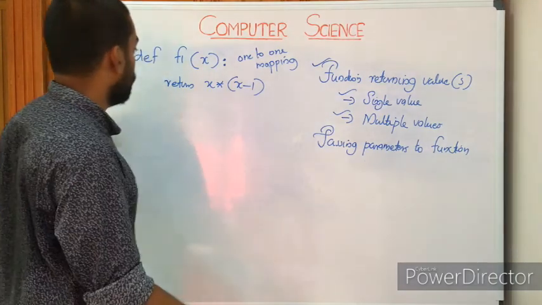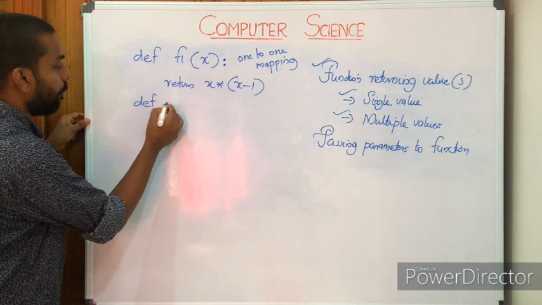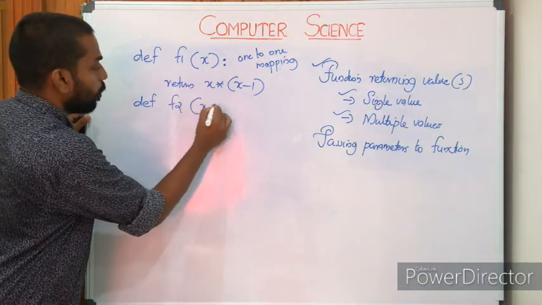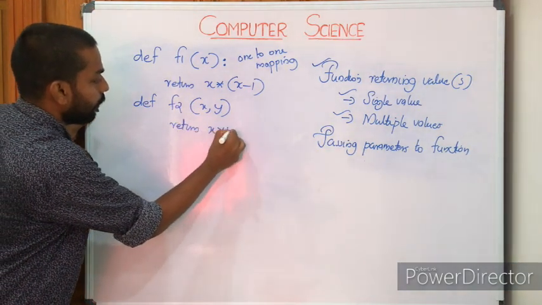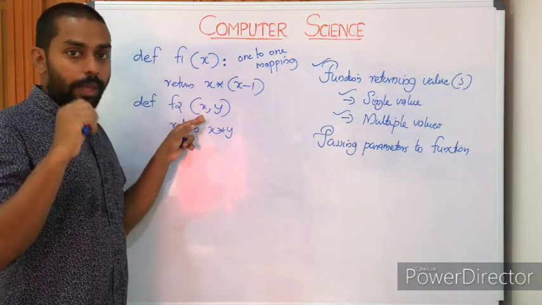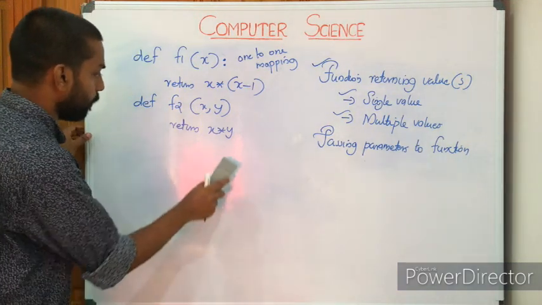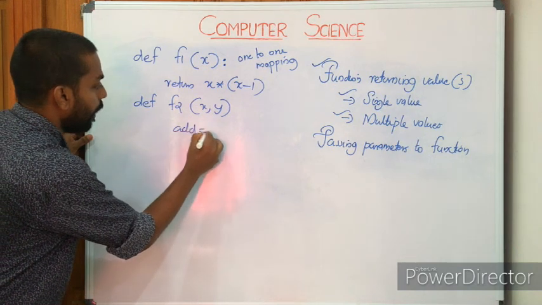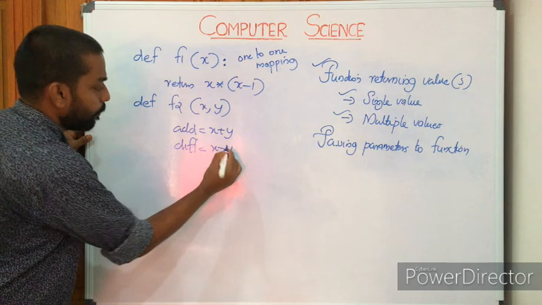We can see another one that takes two parameters: def f2, then x comma y, then it returns x into y. Here it takes two parameters, and we can have two operations: add equal to x plus y, diff equal to x minus y.